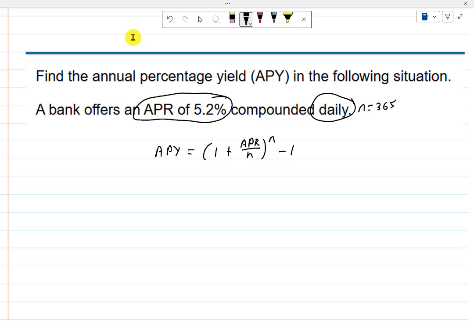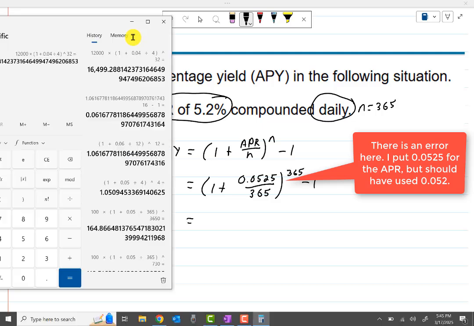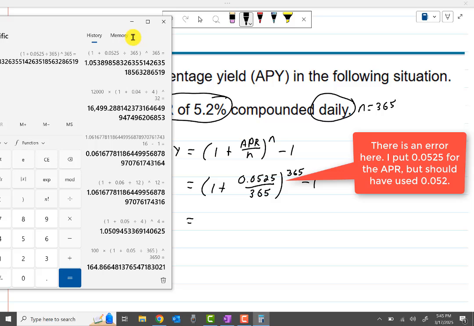And I don't think I need anything else, so let's plug those in. 1 plus 0.0525 divided by 365, raised to the 365, minus 1. So let me start my parenthesis. 1 plus 0.0525 divided by 365. Finish that parenthesis. And now raise that to the 365th power. And then I'm going to subtract 1 from that.